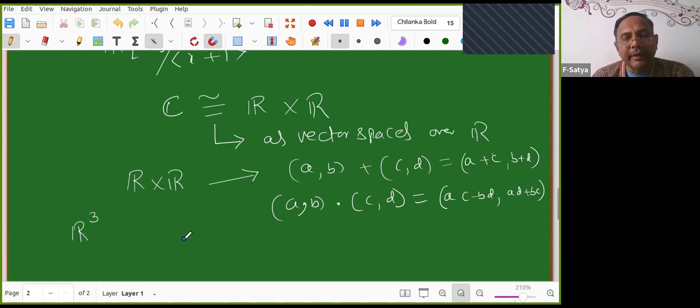In the process, he introduced R to the power 4, isomorphic to the Hamiltonian group, right? A plus Bi plus Cj plus Dk, and he defines some operations with i multiplied by j multiplied by k.